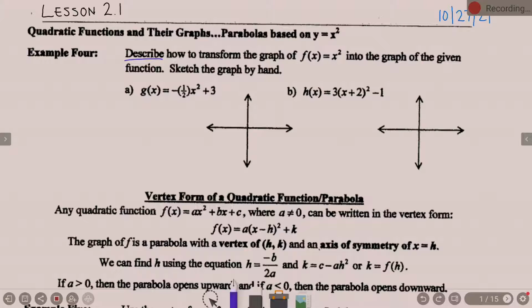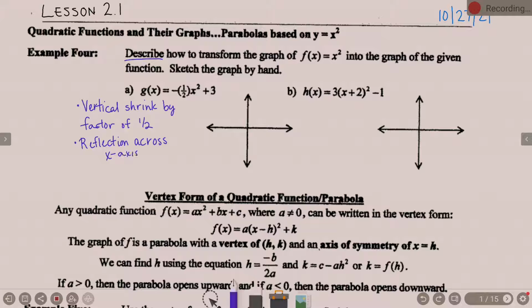So, let me write down those pieces, and then we'll actually work on the graph. So, let's see. We said there was a vertical shrink by a factor of 1/2. The negative out in front is a reflection across the x-axis.